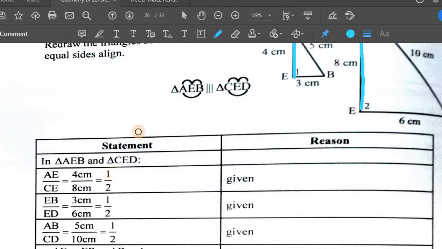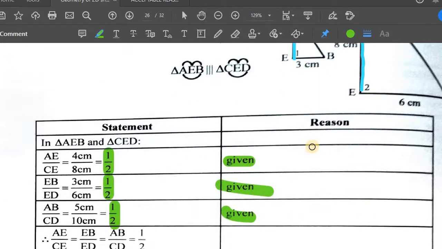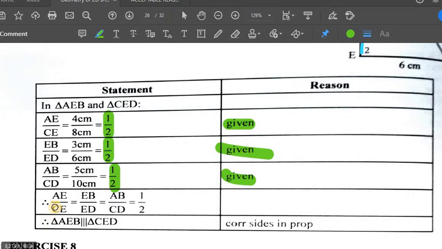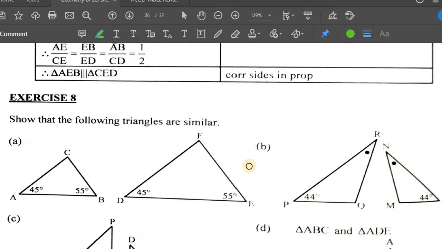So we can see now that we are always getting these answers here, right? All of this was given to us, meaning the information is already on our sheet. Therefore, they're showing that all of these ratios are in proportion. Triangle ABE, corresponding sides in proportion, right? So that's the proportion one.